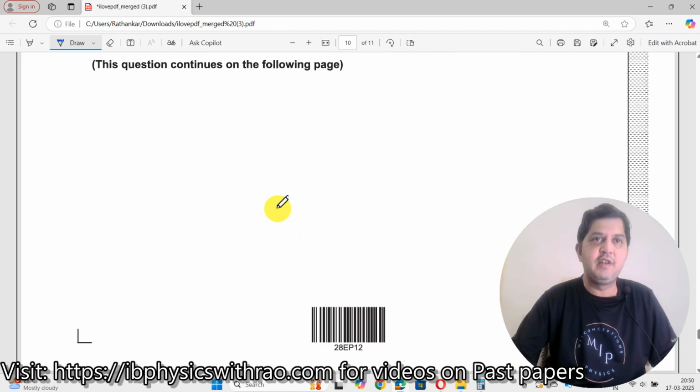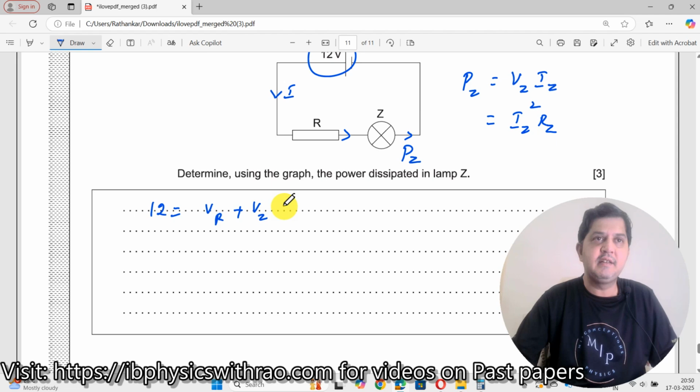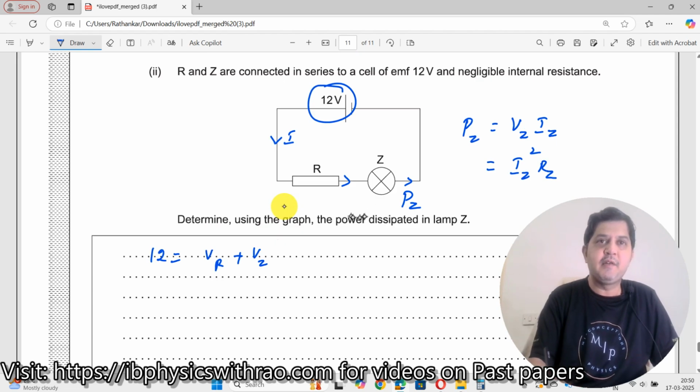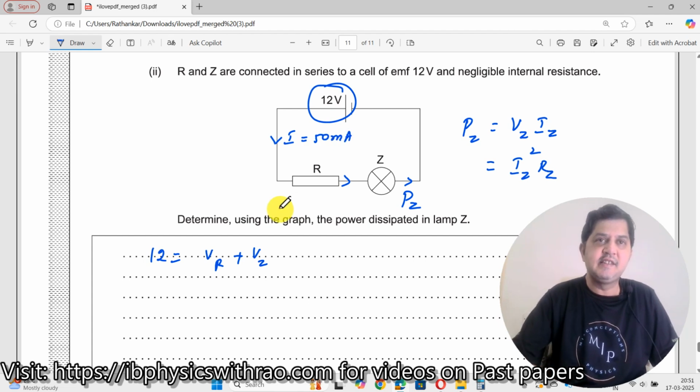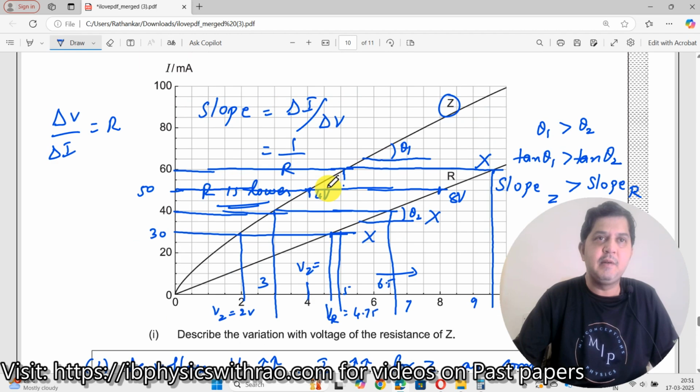So we will write down here that, using the power we have, the corresponding current is equal to 50 milliampere. The voltage across R, let me look at this. This point is Z over here. Voltage across R is seen to be 8 volt, and the voltage across Z is equal to 4 volt.